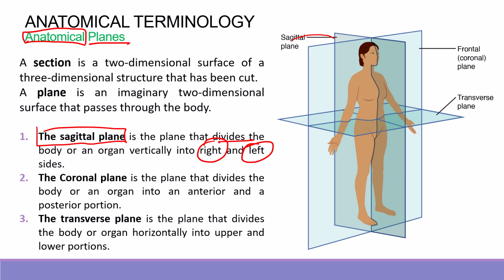So it's important to know which cross-section, which plane you're seeing, to realize which organs you're looking at. Also the coronal plane. The coronal plane, as you can see here in the image, divides the body into anterior, so anterior half versus posterior.